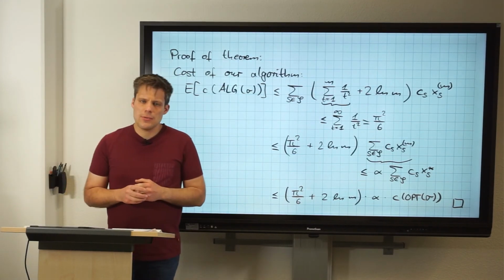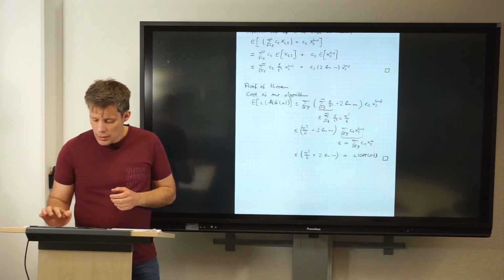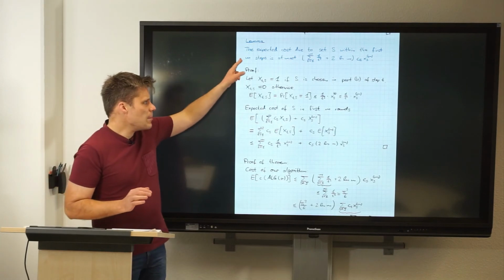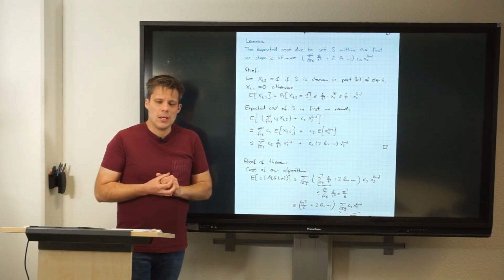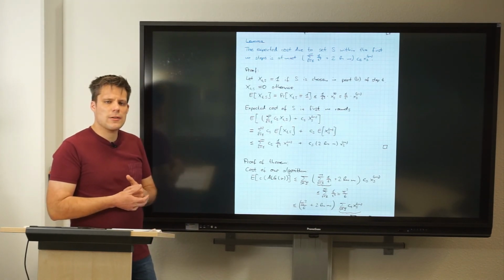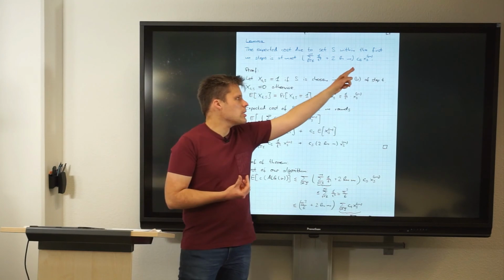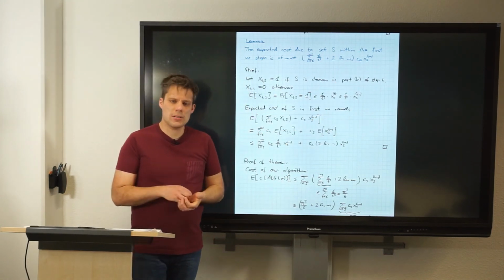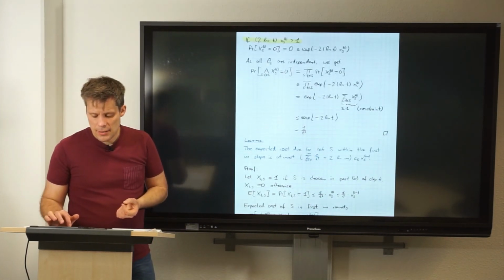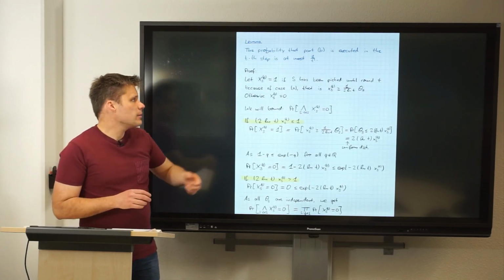So maybe let's once again recap how we did this. We used this lemma, which is, I think, the important part, where we show that the cost that we are getting from each set is bounded by how much it is contributing to the fractional solution. Where did this come from?